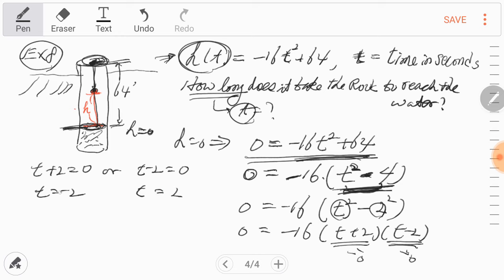Okay, t is in seconds and the time cannot be negative, so we eliminate the negative value from possible solutions. 2 is the only solution. So t is 2 seconds. After 2 seconds, the rock you release will hit the water in the well. So the answer is 2 seconds.